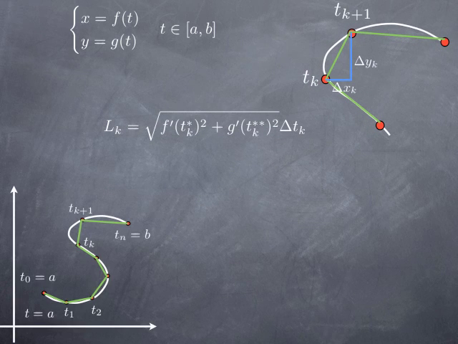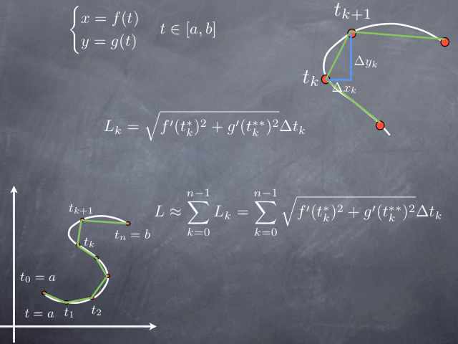If we put that together for the whole curve, the length of the green polygonal line is the sum from 0 to n minus 1 of the L_k's, which of course is the sum from 0 to n minus 1 of this square root of f prime of t_k* squared plus g prime of t_k** squared, all this multiplied by delta t_k.